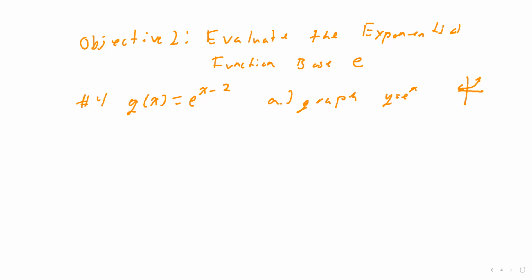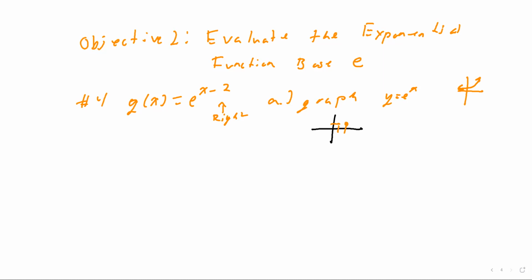So we're going to use that concept to help us graph this one. What's this minus 2 going to tell me to do? It's going to go to the right. So when I graph this, my y-intercept would start at 1, but then the right tells me to go right 2.